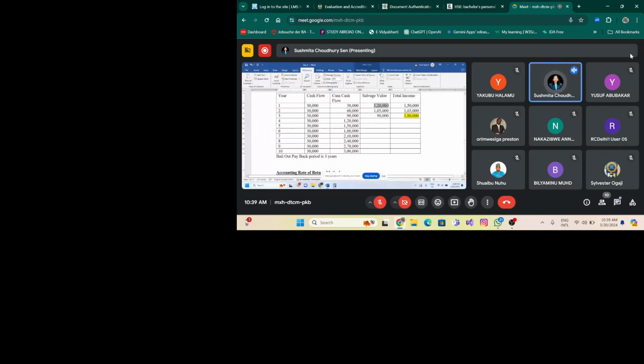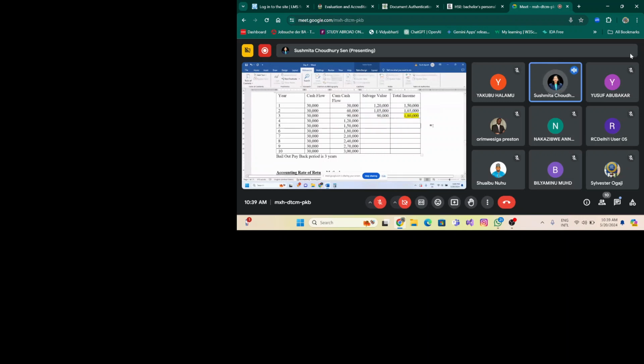Okay, that means you have continued the project for 1 year, you earned 30,000 rupees. After then you sold out your project, so you earned another 1,20,000 rupees. So total earning would be 1,20,000 plus 30,000, and it is 1,50,000. That is the earning at the end of first year.